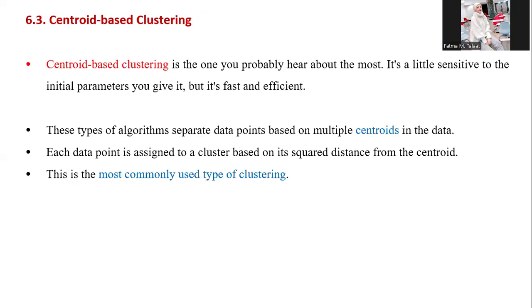Centroid based clustering is one you probably hear about the most. It's a little sensitive to the initial parameters you give, but it's fast and efficient. These types of algorithms spread data points based on multiple centroids in the data.